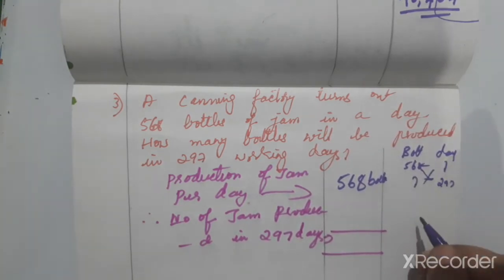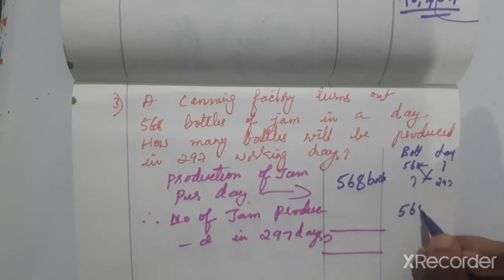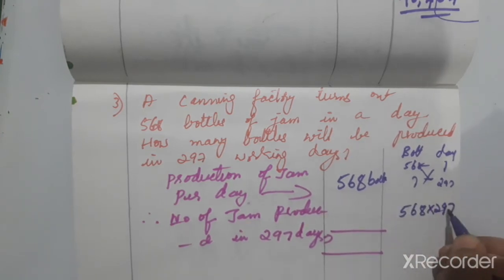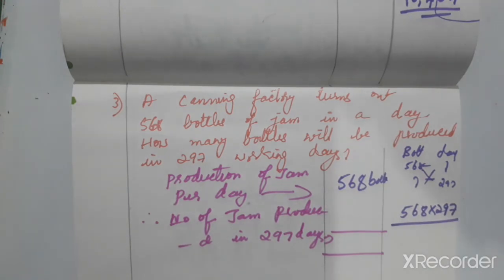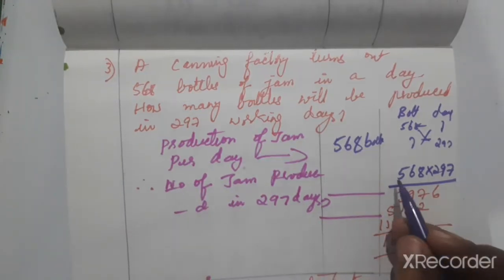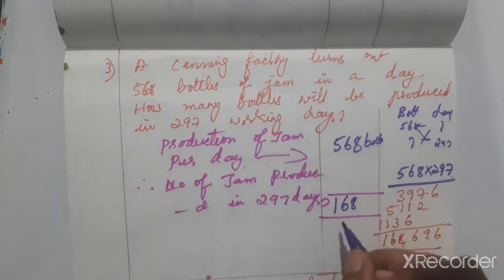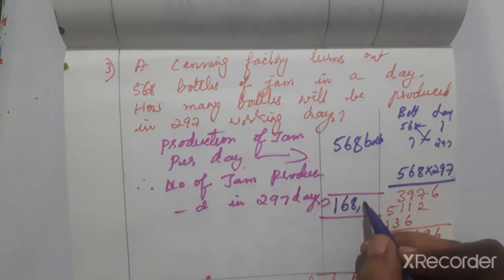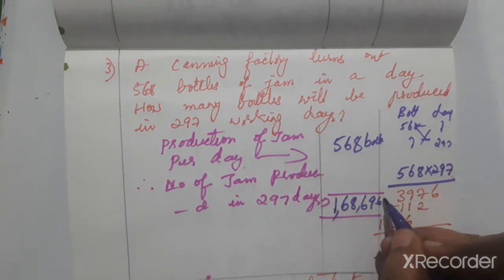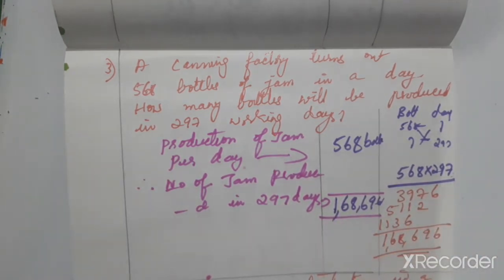Cross multiplication means this is a multiplication related sum. So 568 into 297 we have to multiply and check. After multiplication you get the answer as 1,68,696 bottles of jam.